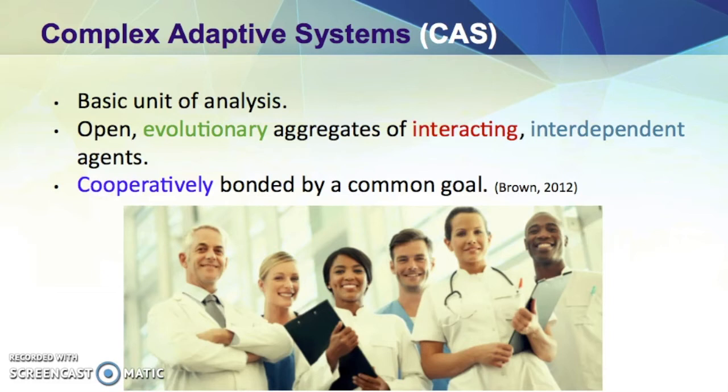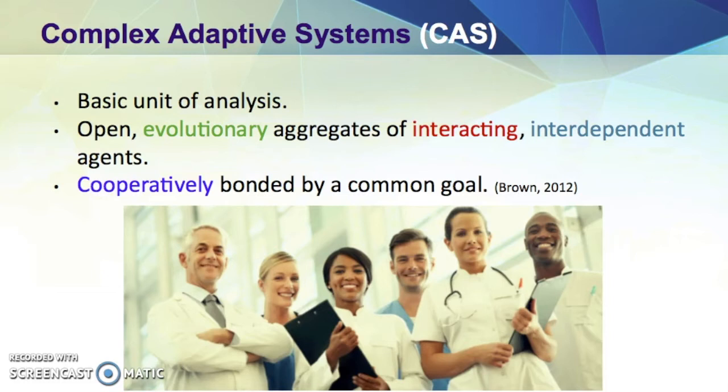Complex adaptive systems are the basic unit of analysis of both complexity science and complexity leadership. They are open, evolutionary aggregates of interacting, interdependent agents who are cooperatively bonded by a common goal or purpose. Arising naturally in social systems, CAS learn and adapt rapidly and are capable of creative problem solving.